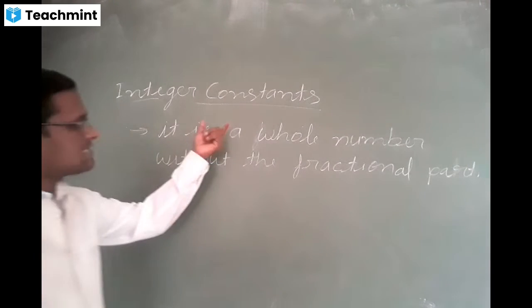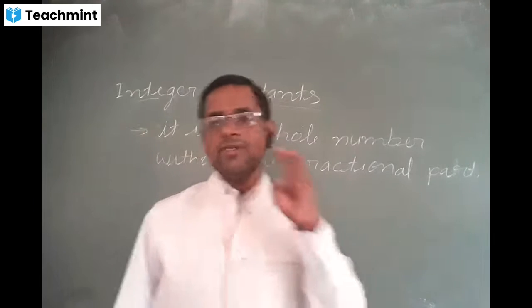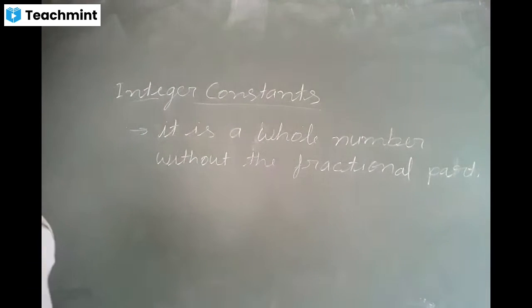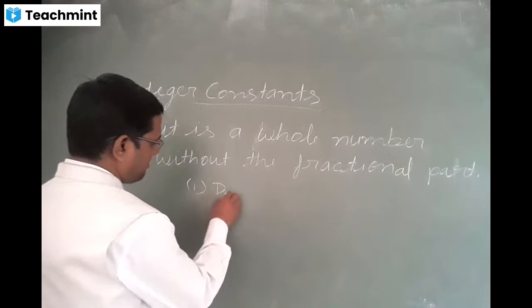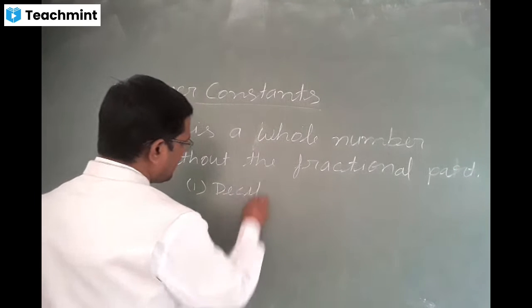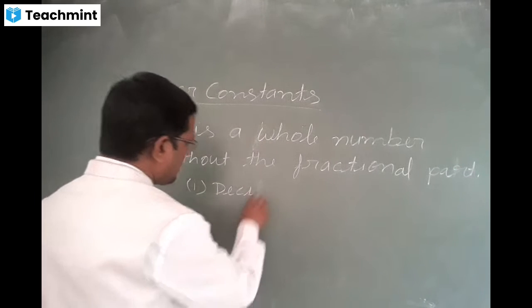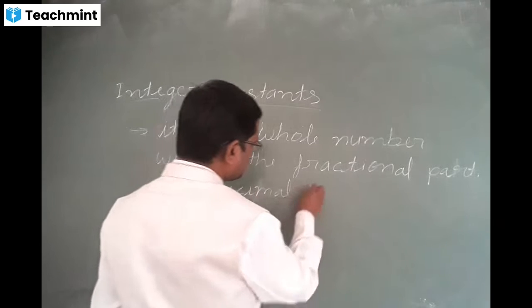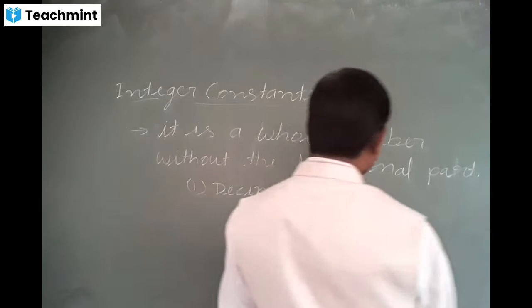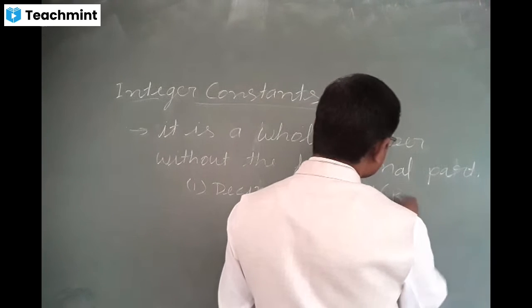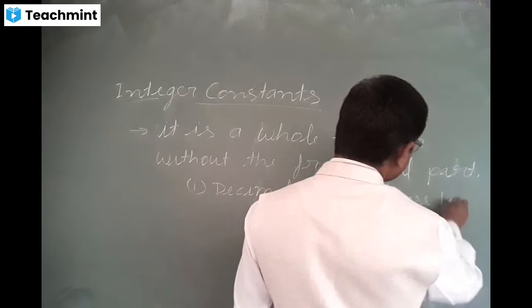Further, we can categorize the integer constant into three categories. The first one is the decimal constant, which has a base of 10.